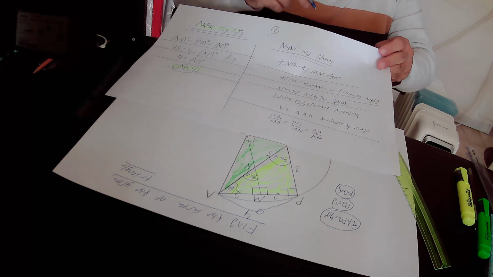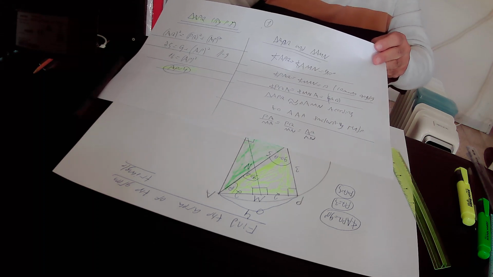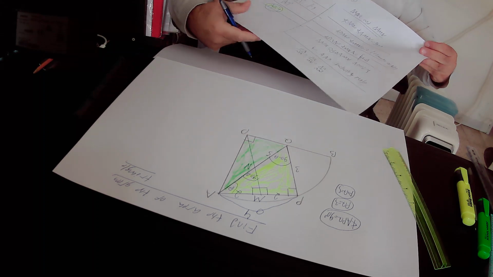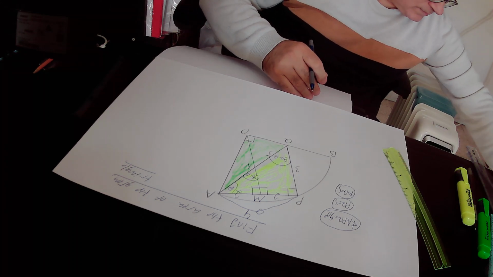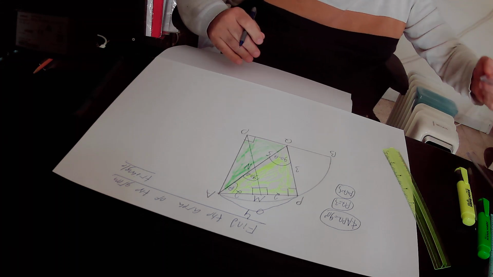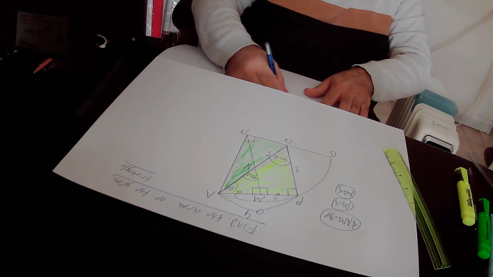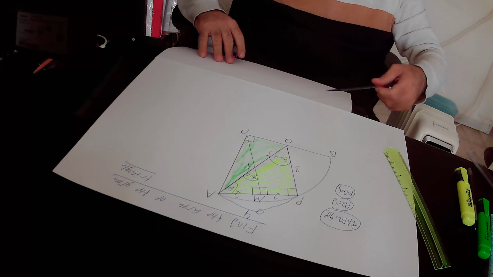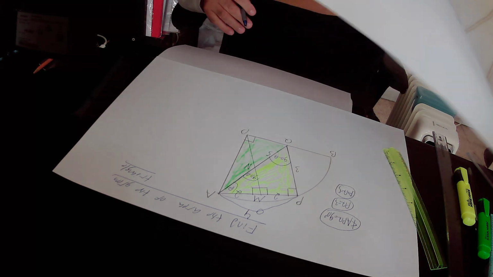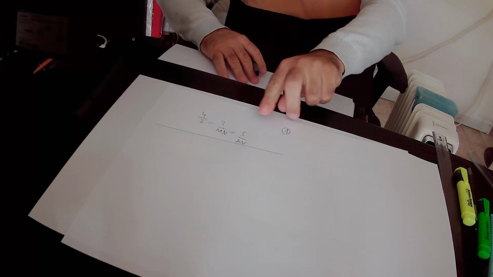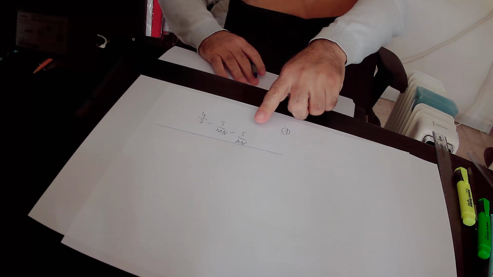AN is unknown, so we leave it as it is. Okay, so actually I found out that 4 over 2 equals 3 over MN equals 5 over AN.